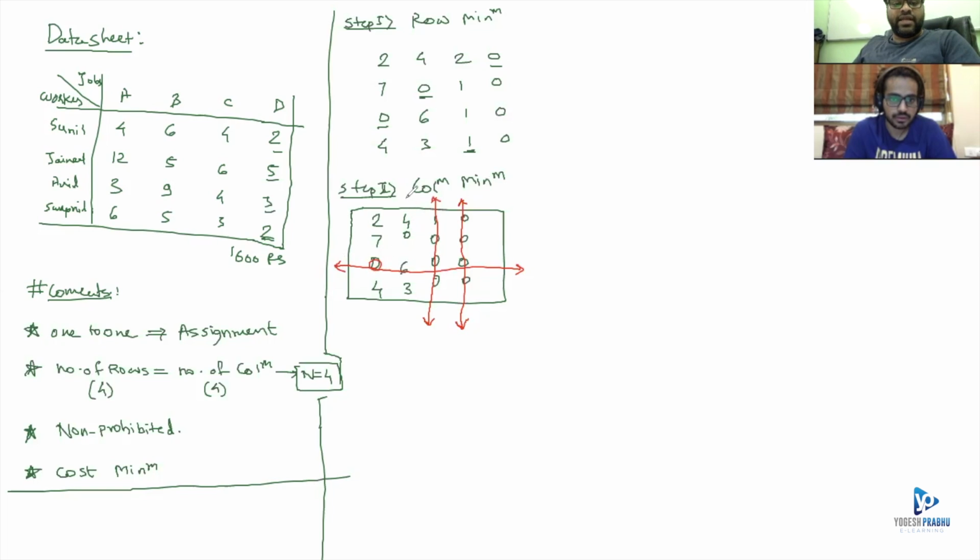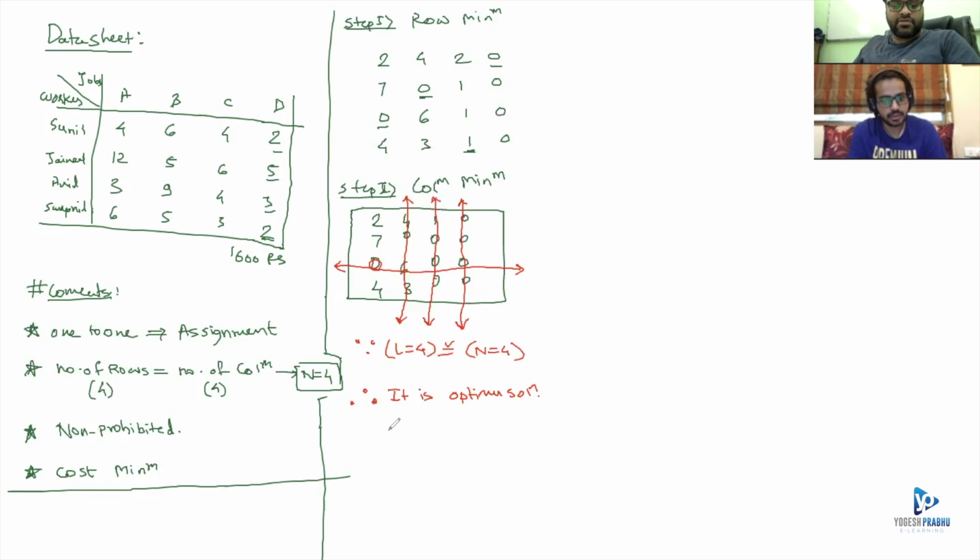L is equal to 4, N is equal to 4. So there's an optimal solution.